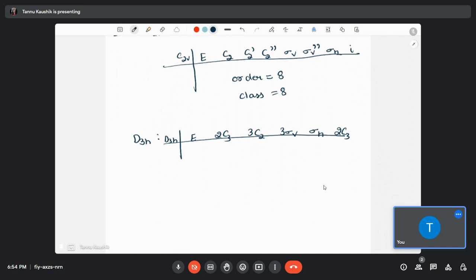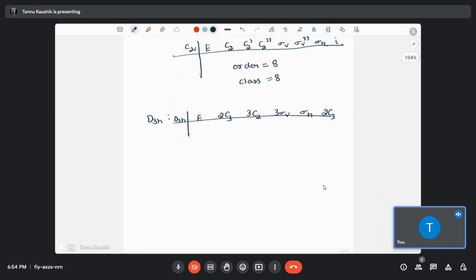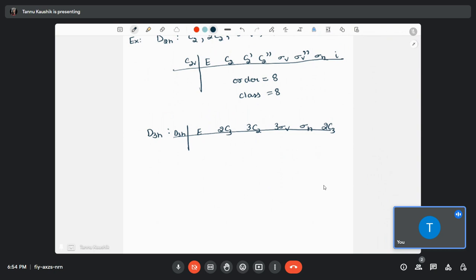Now you can check the properties of the group: closure property, associative property, identity element, inverse rule, and for abelian groups you can check the commutative law. And now to make a group multiplication table, you can easily classify different symmetry operations into different classes and make a proper group multiplication table.